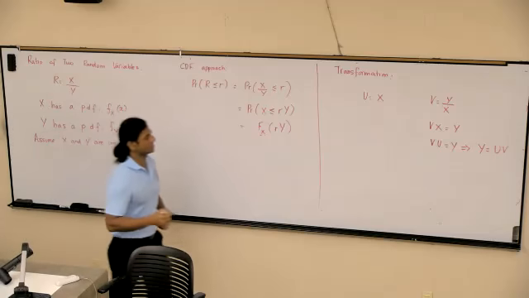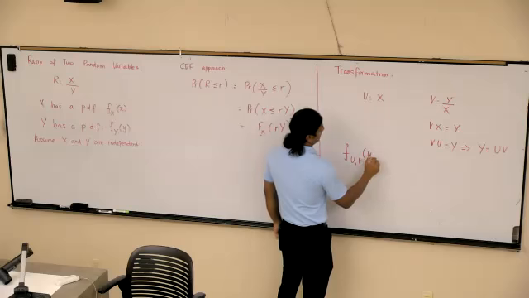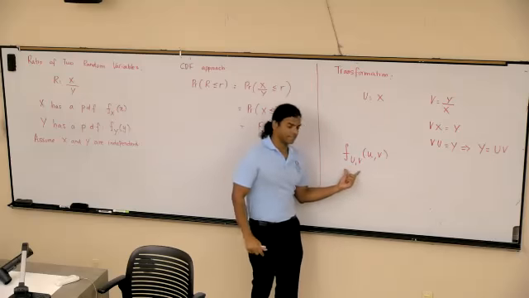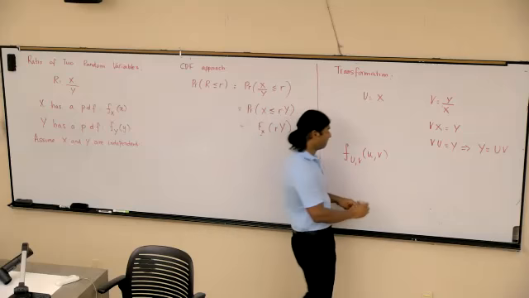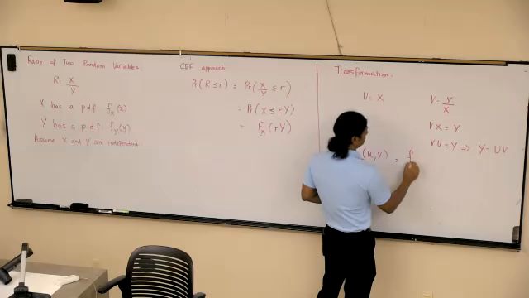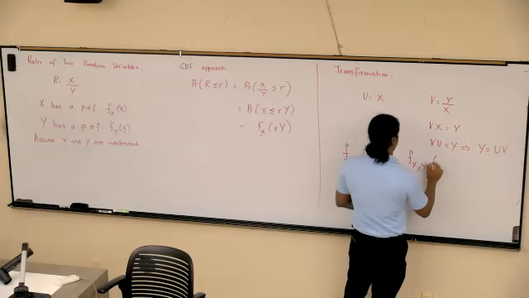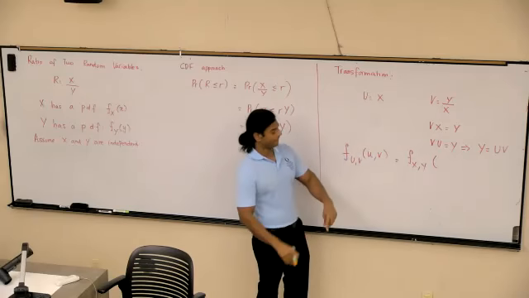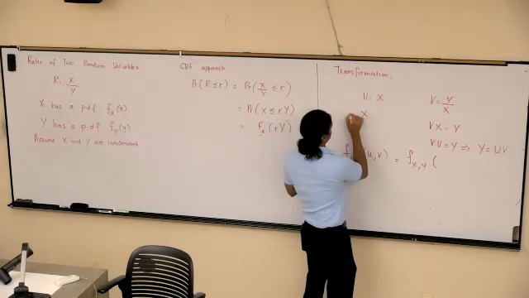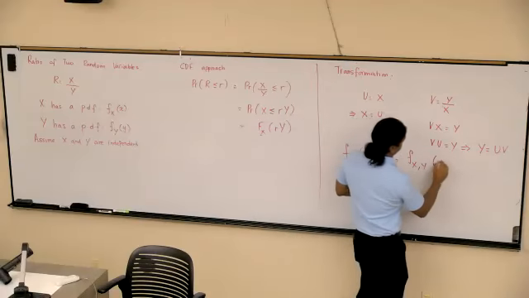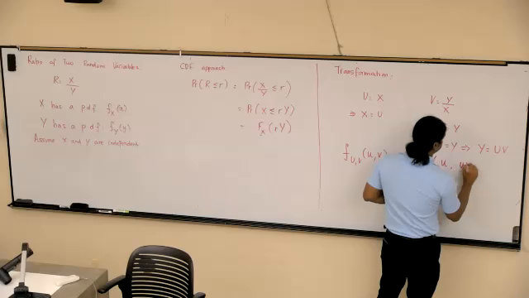The joint distribution of U and V. So the joint distribution of U and V evaluated at lowercase u, lowercase v can be written in terms of the joint distribution of X and Y: X evaluated at u, and Y evaluated at u times v.